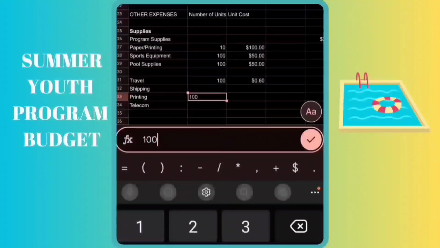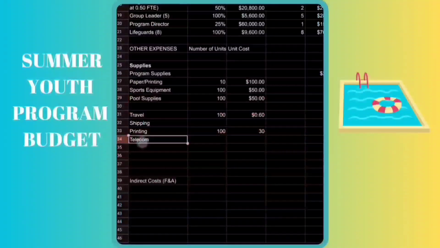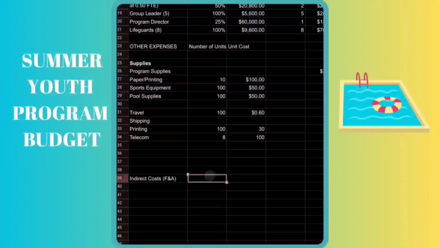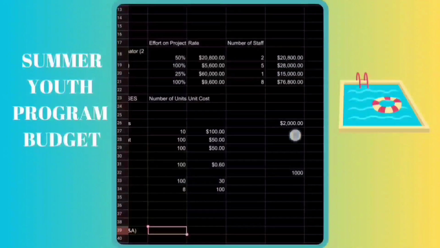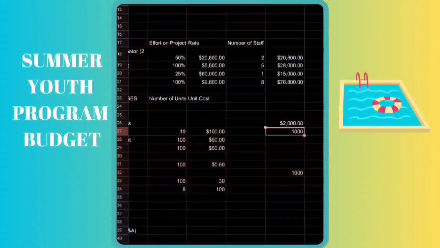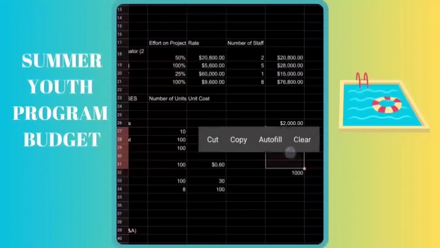Sometimes we'll just put in a total expense number rather than doing a formula. So that's what I've done for the shipping. Telecom could be the cost per staff person for phone and internet. Again, these are things to talk about with your organization, how you calculate.